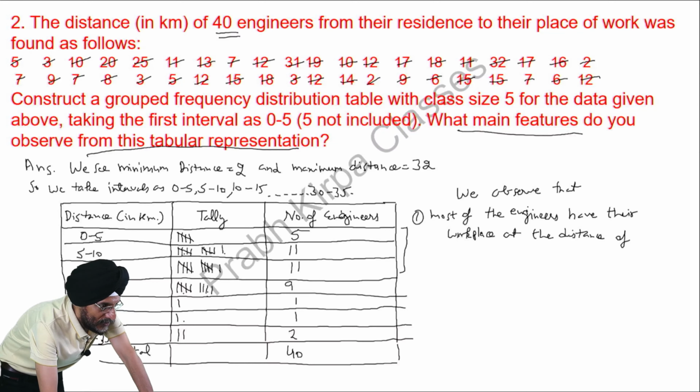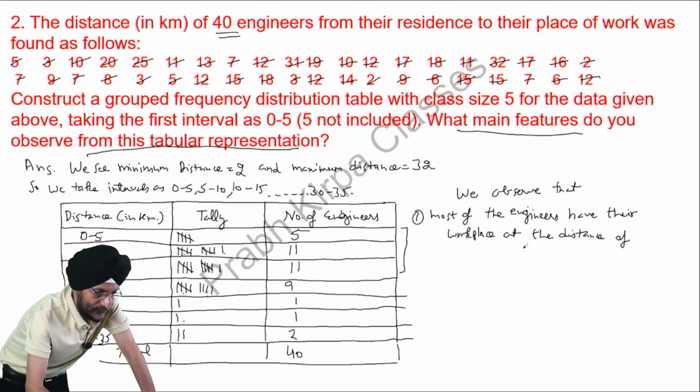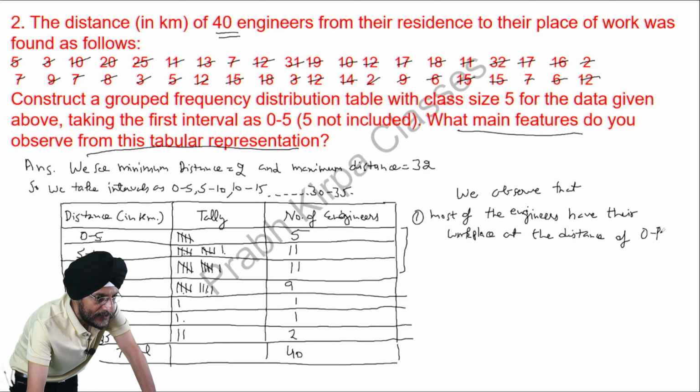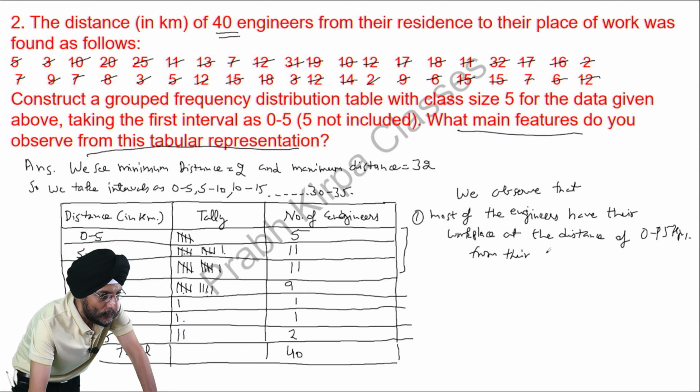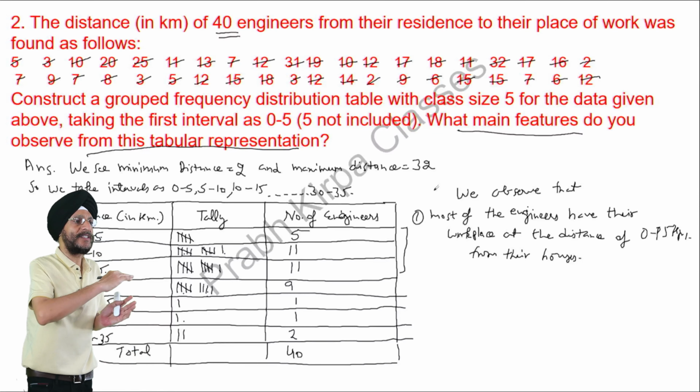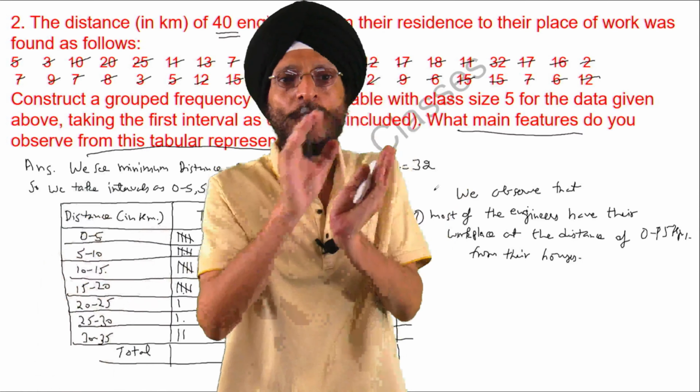This is the 0, this is the 15, and the number of engineers is 27. So most of the engineers have their workplace at a distance of 0 to 15 kilometers from their houses, or from their homes. That is, most of the engineers have to travel between 0 to 15 kilometers.